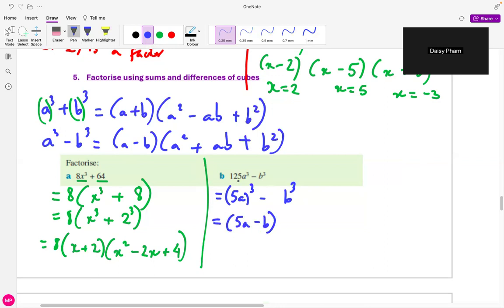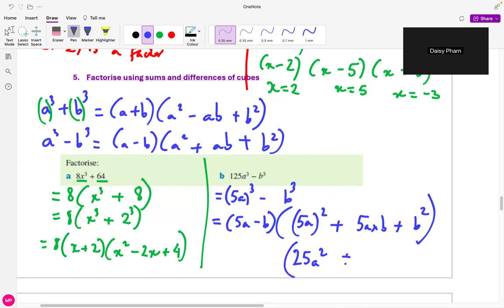Then inside you have a squared, so 5a squared like that, plus ab, 5a times b, and then plus b squared like that. Okay, and 5a squared you can write that as 25a squared, get rid of the bracket, plus 5ab plus b squared, and we write these again, 5a minus b, then the bracket.